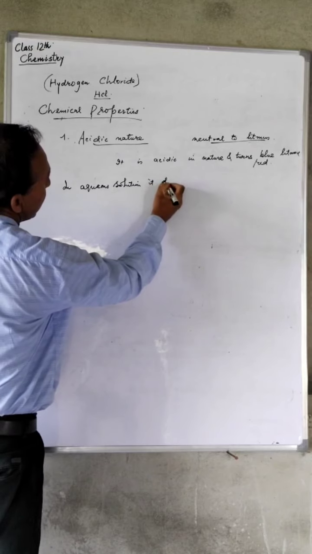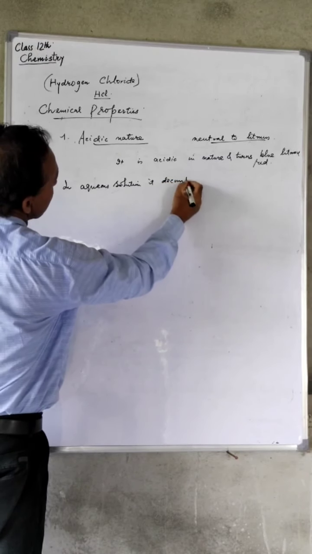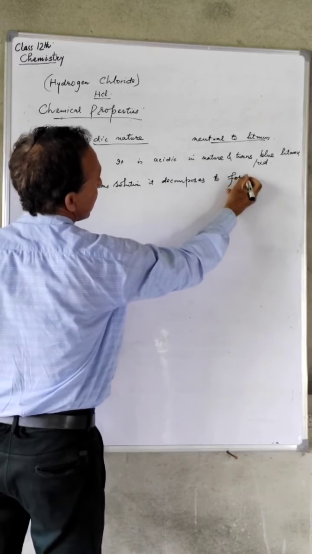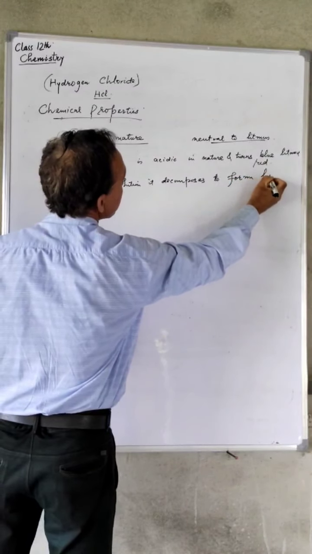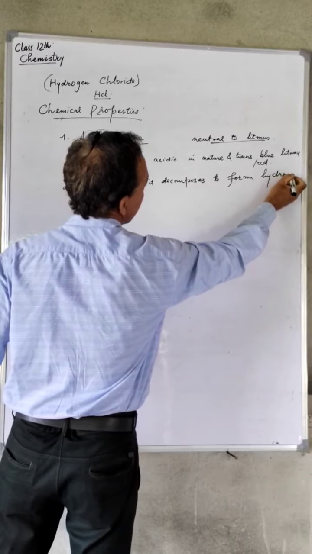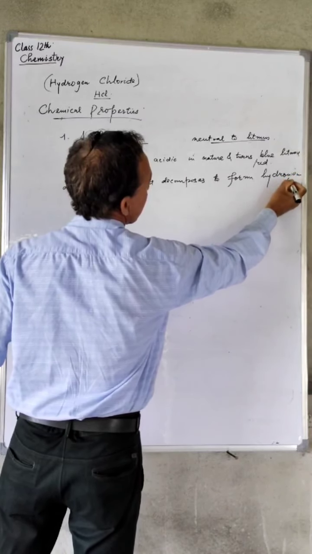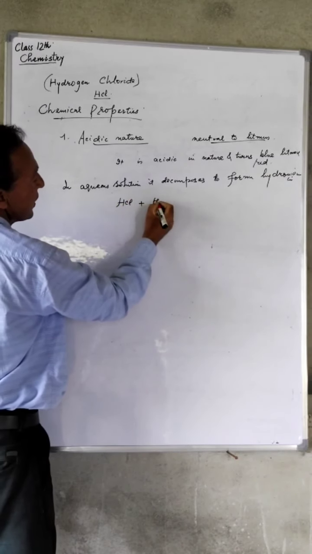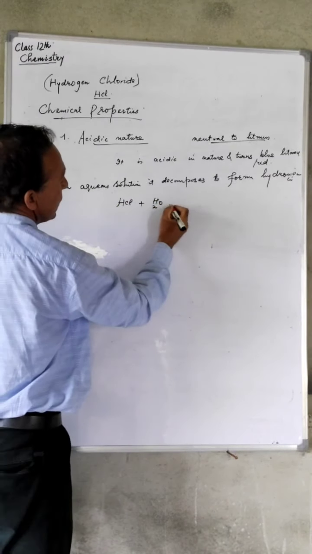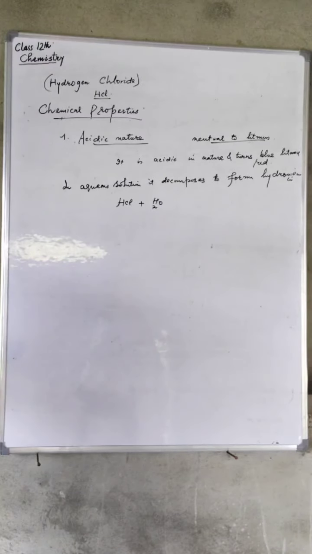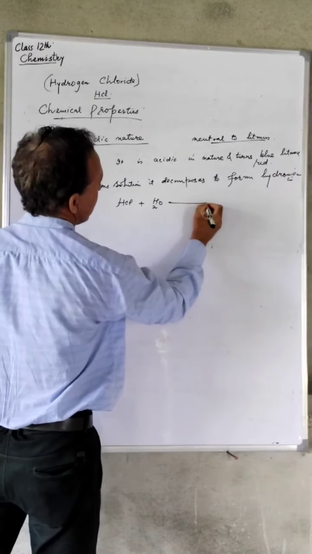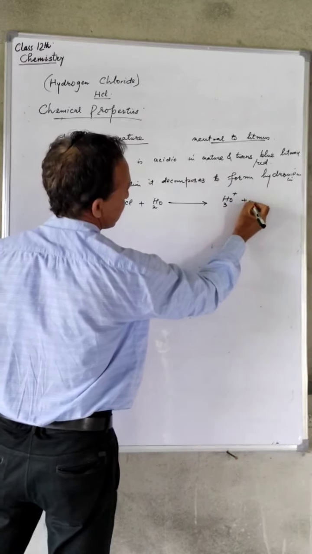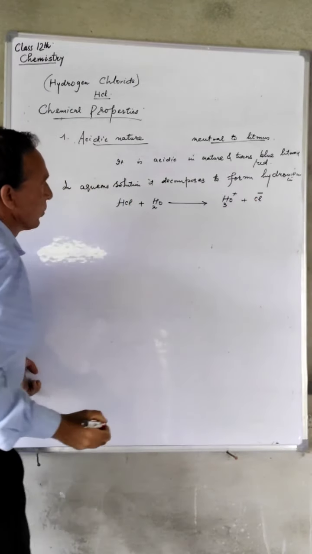In aqueous solution it decomposes to form hydronium ion. So HCl plus water forms H3O+ and Cl-.